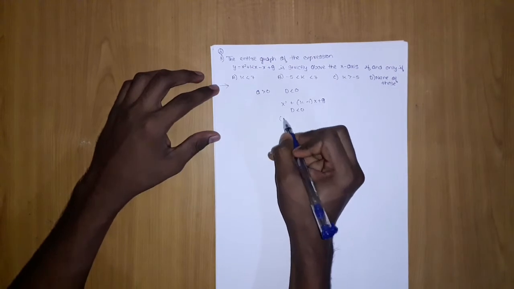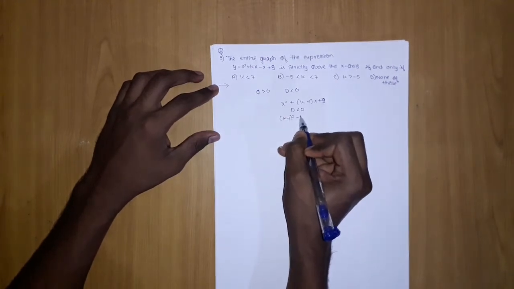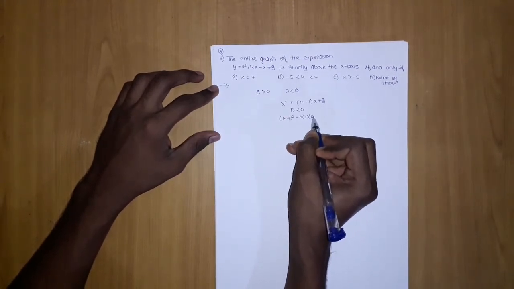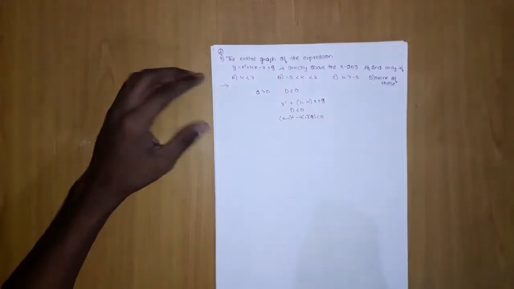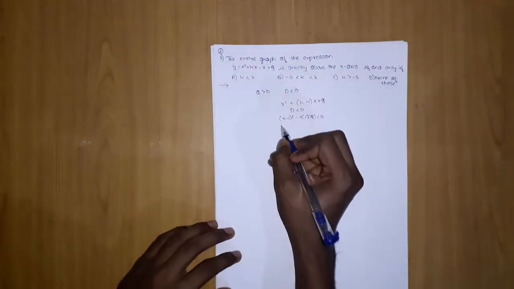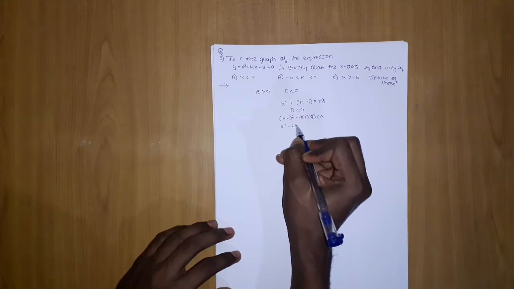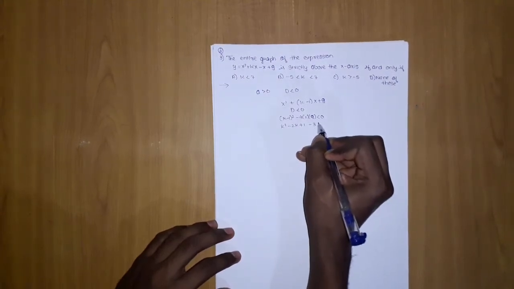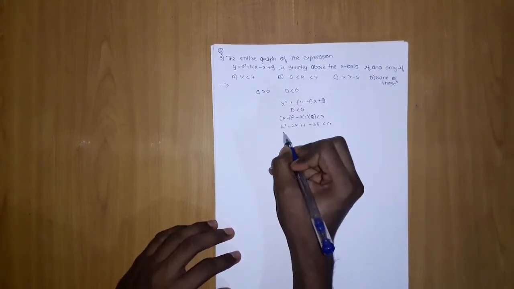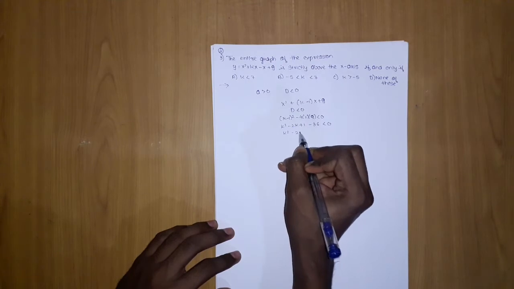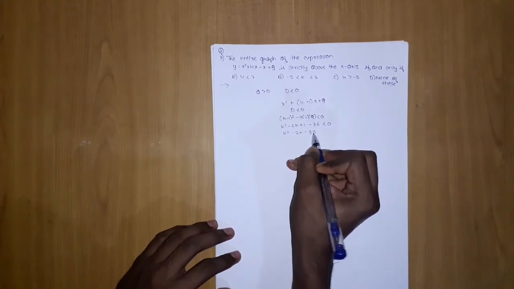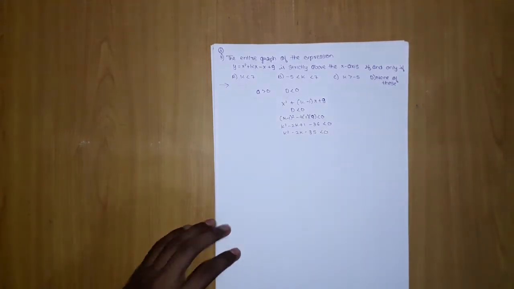When we apply, it will be k minus 1 the whole square minus 4 into 1 into 9, it should be less than 0, right guys? Moving on further, it will be k square minus 2k plus 1, and here minus 36 less than 0, and it will become k square minus 2k minus 35 should be less than 0, okay guys.